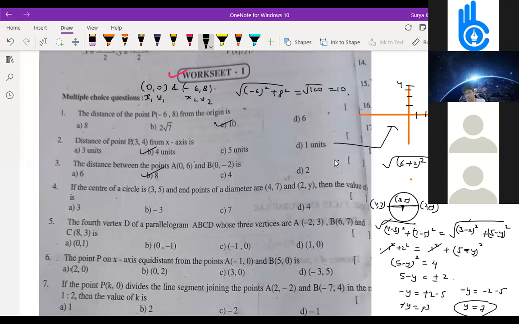Fourth one, 3 and 7 both are given here. So which will be the correct answer? Actually, children, this is 5 minus y, not plus y.